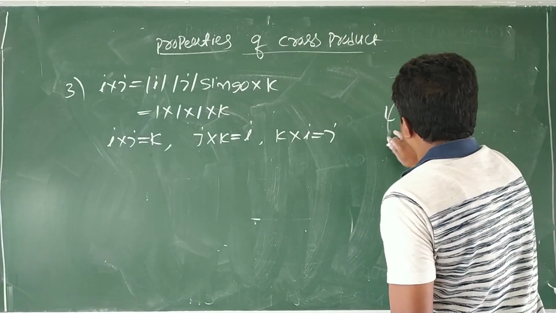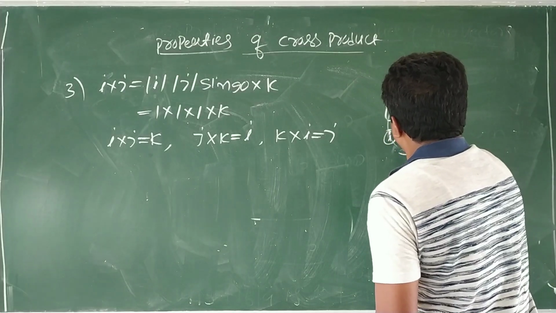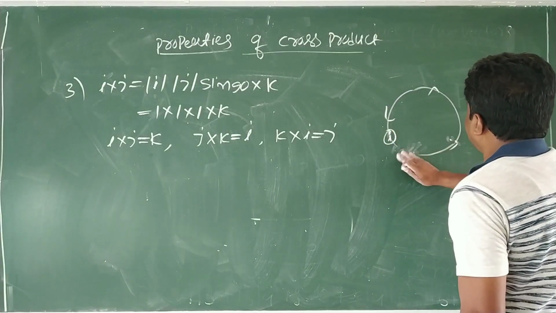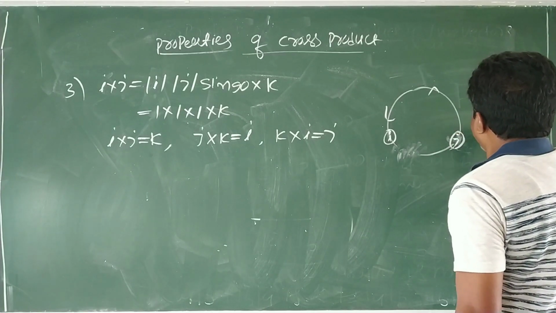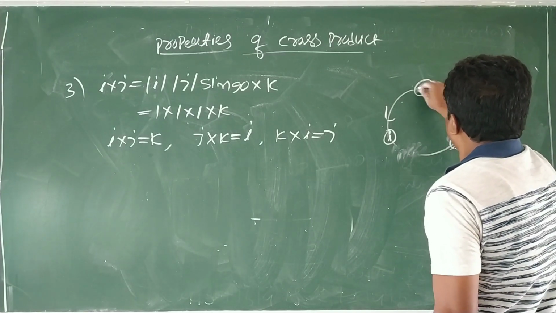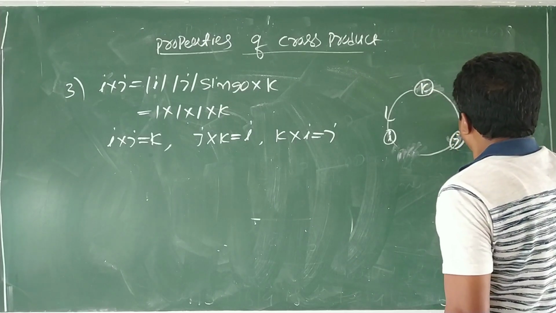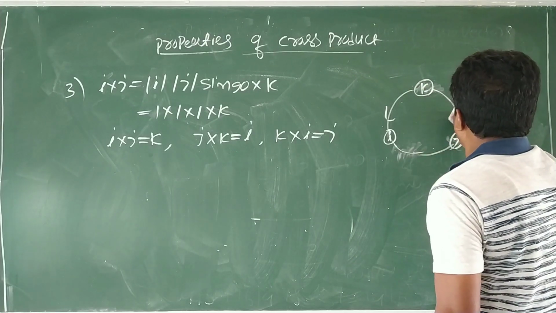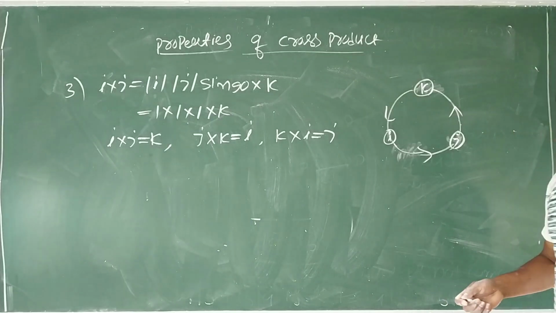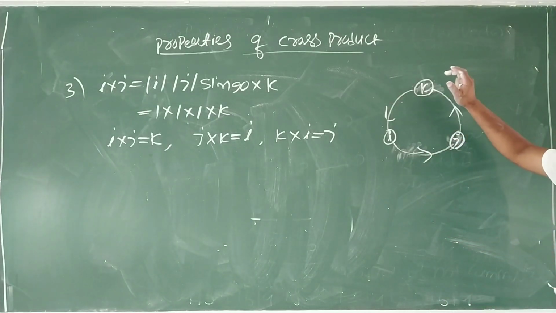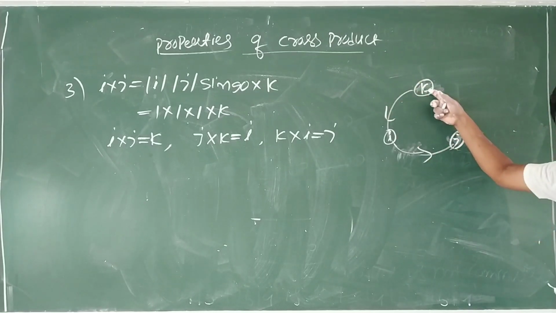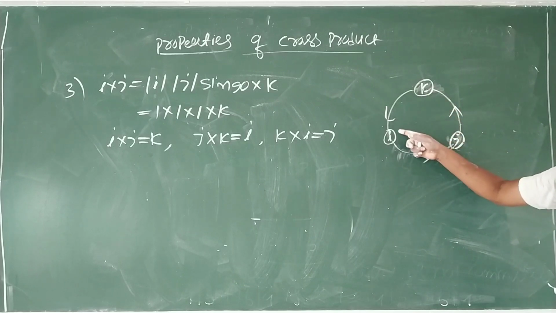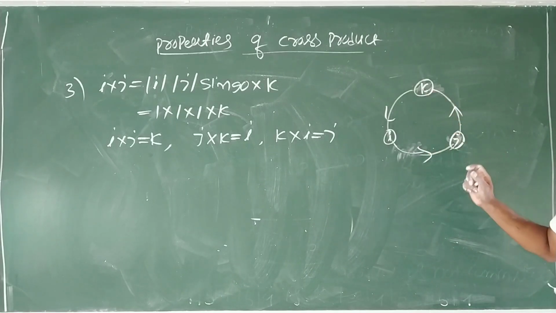I, J, K, I, J, K, I, J, K. Look at this cyclic order. You just move along the cyclic order: I cross J is K, J cross K is I, K cross I is J.